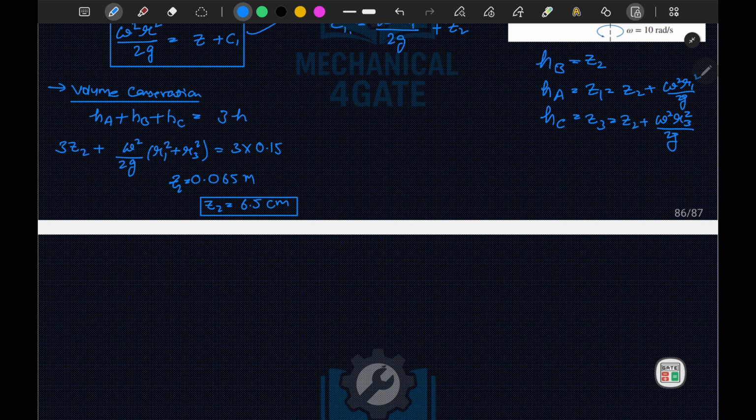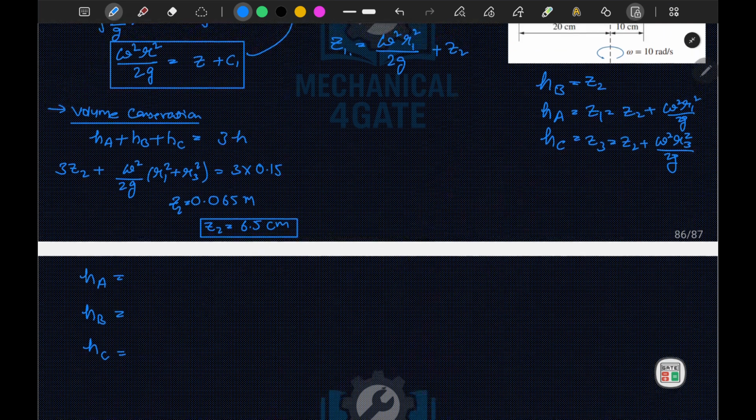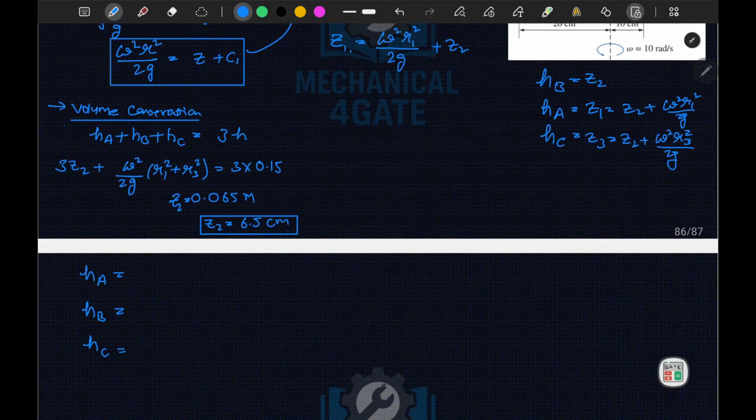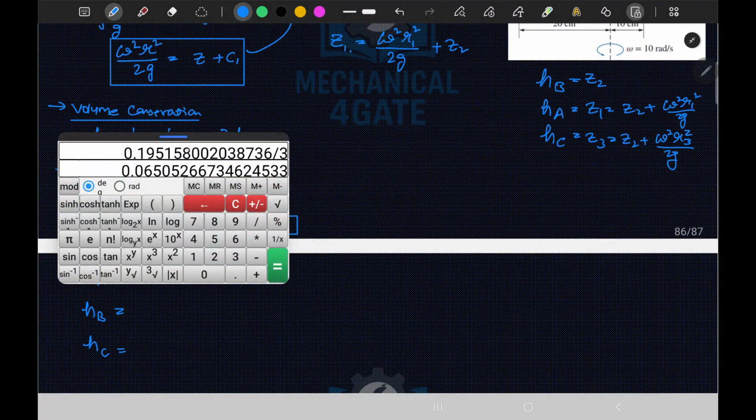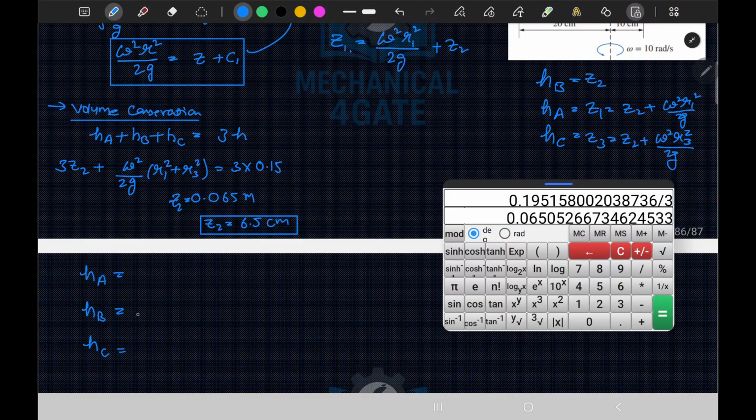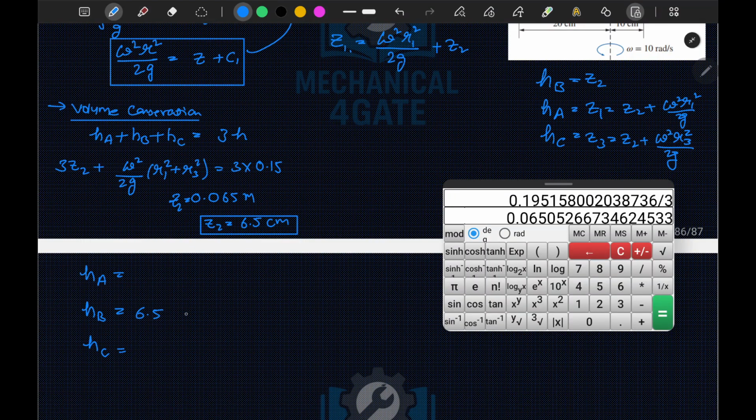Now we can write HA, HB and HC. I can directly write from here that my HB is equal to 6.5 centimeter.